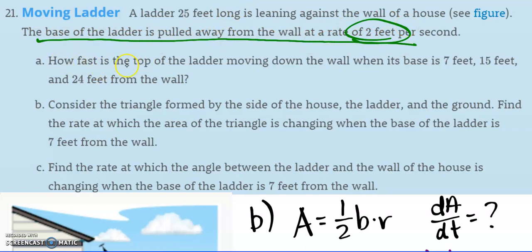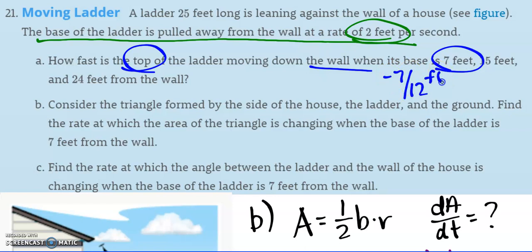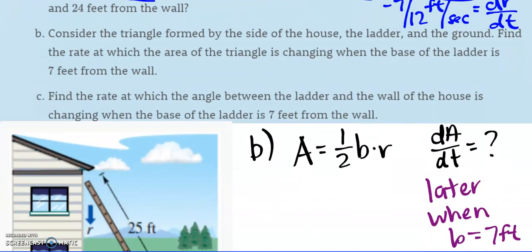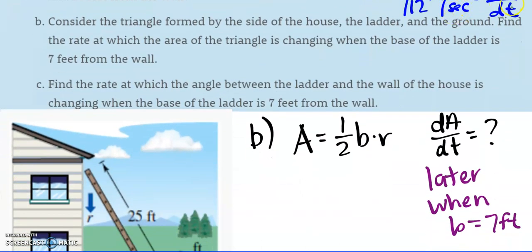How fast is the top of the ladder moving down the wall at 7? We already did that in part A, and in part A, we came up with -7/12 feet per second equal to dr/dt. So I have stuff about dr/dt and I have stuff about dB/dt.